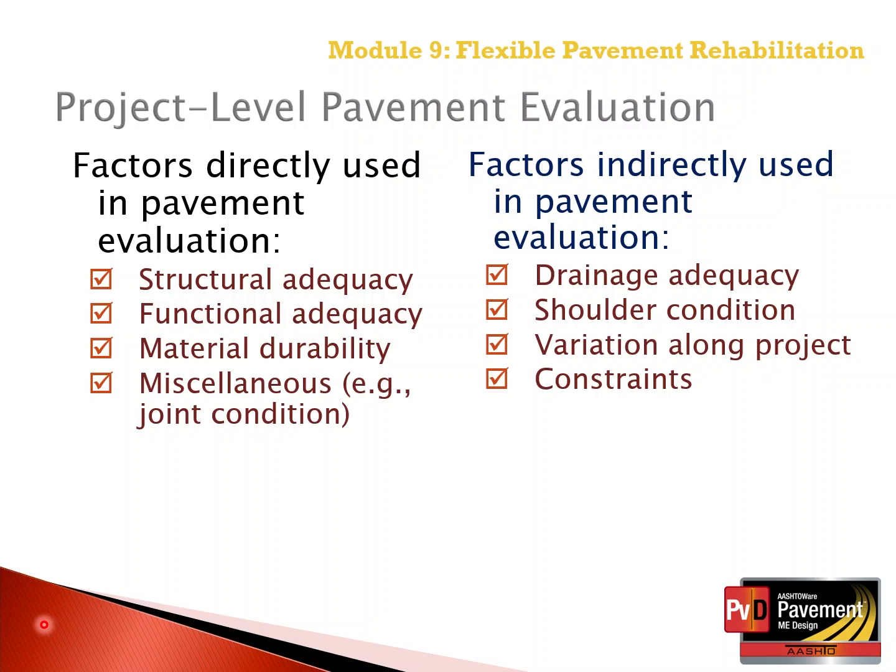Constraints would include whether we have curb and gutter, whether there are guard rails present, and whether there are any clearance issues from bridges and/or overpasses that need to be considered in establishing a rehabilitation strategy, design strategy for the existing flexible pavement.